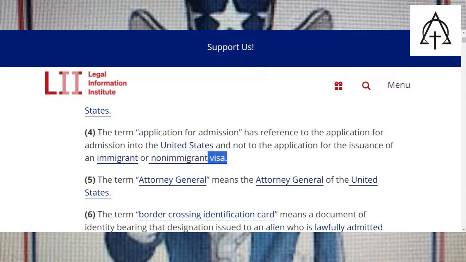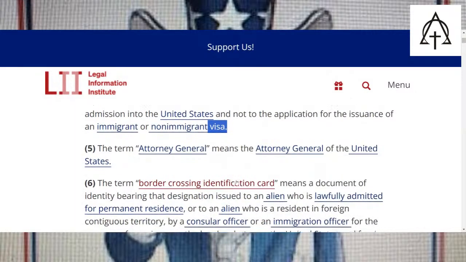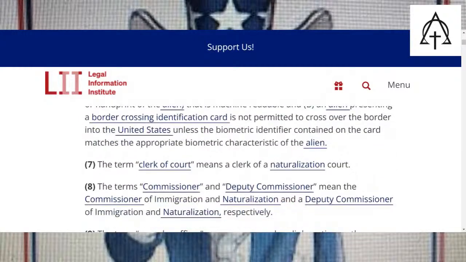An immigrant or non-immigrant visa is the same thing as saying an immigrant or non-immigrant invitation. The term clerk of court means a clerk of a naturalization court.